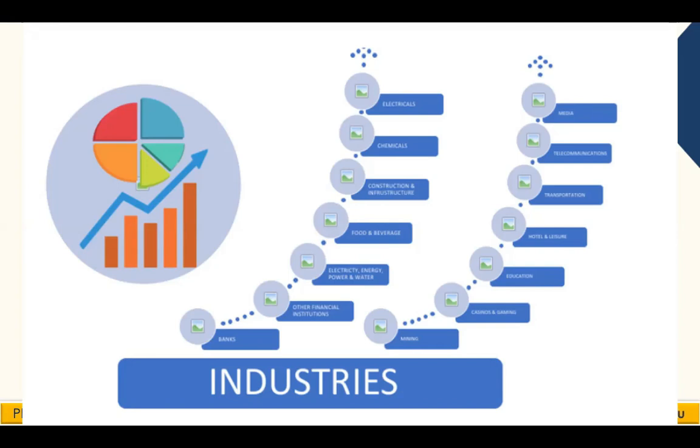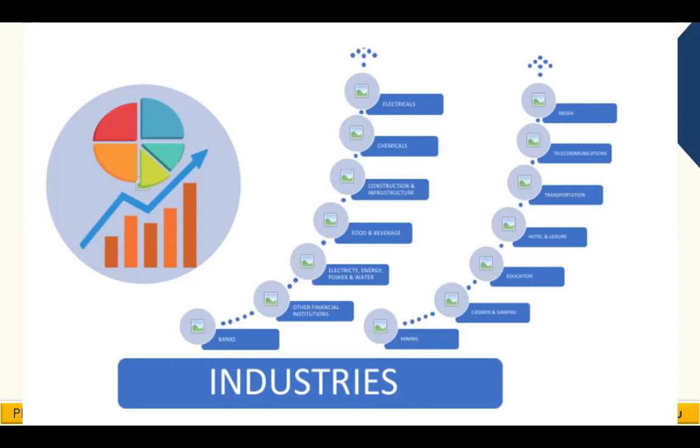And then we also have construction and infrastructure, the real estate companies, we have Ayala Land Incorporated, SMDC, chemicals, electricals and media, telecommunications, transportation, hotel and leisure, education, casinos and gaming, mining, among others. And there are other industries in the Philippines.